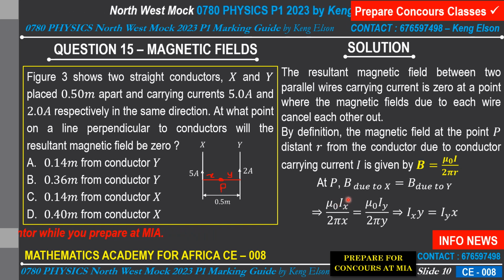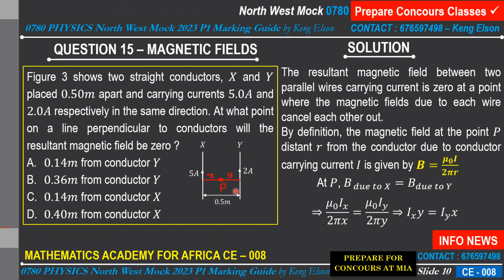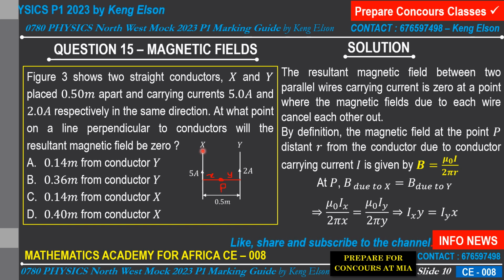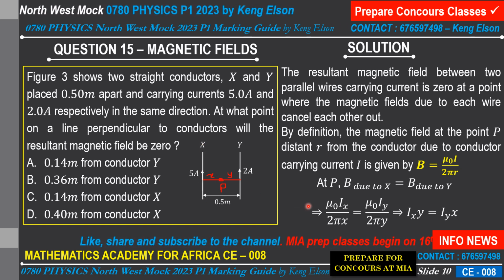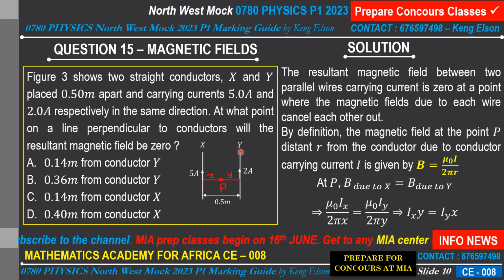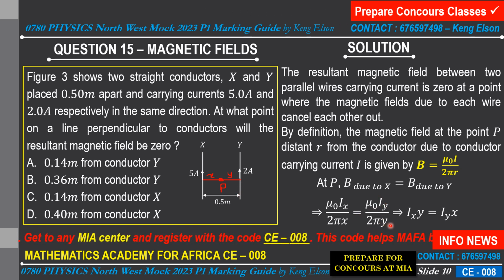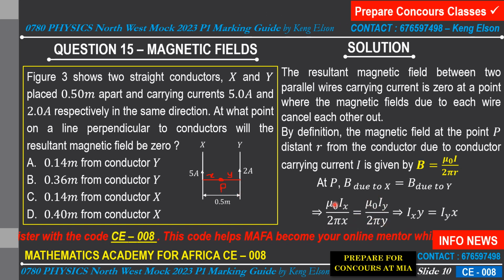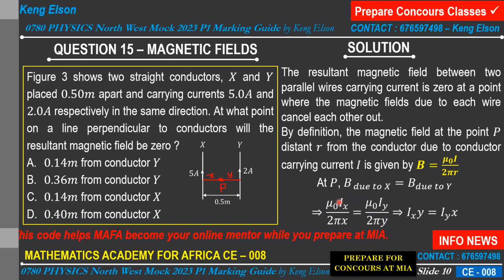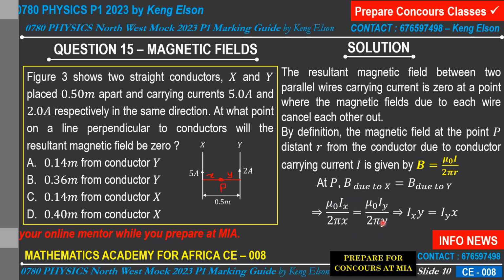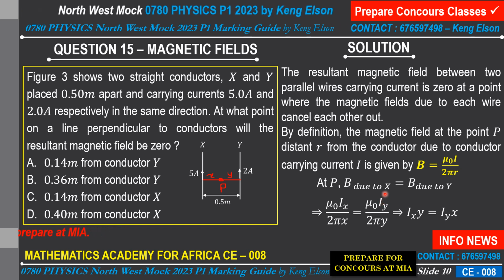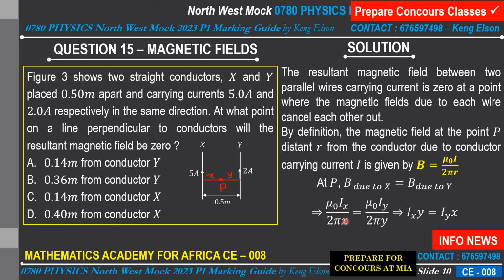It is mu 0 Ix over 2 pi X, where mu 0 is the permeability of free space, Ix is the current in conductor X, and X is the distance between conductor X and point P. The same goes for conductor Y: mu 0 Iy over 2 pi Y. 2 pi cancels 2 pi, mu 0 cancels mu 0, we cross multiply, and we get that Ix times Y is equal to Iy times X.